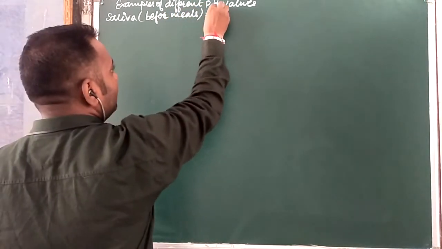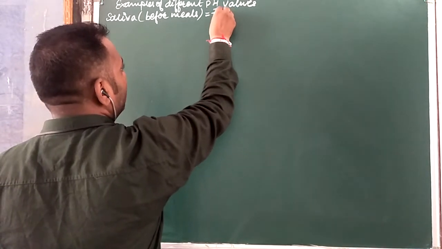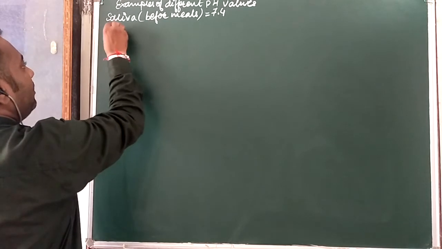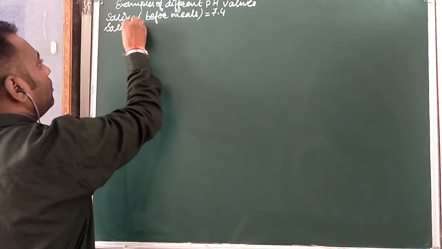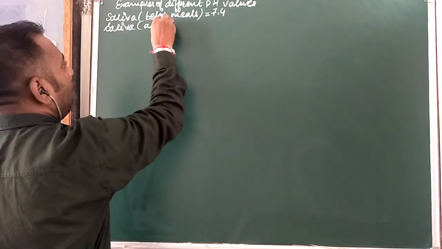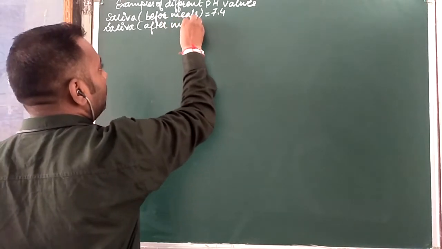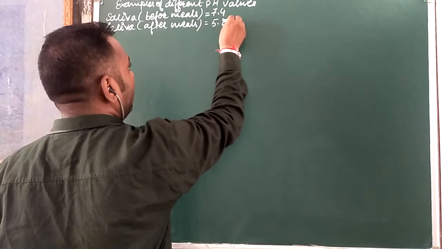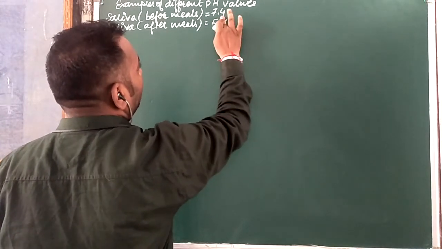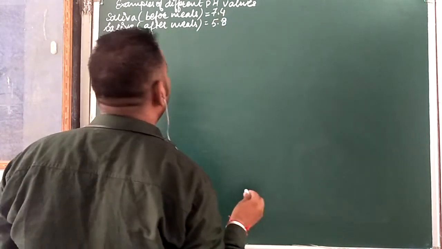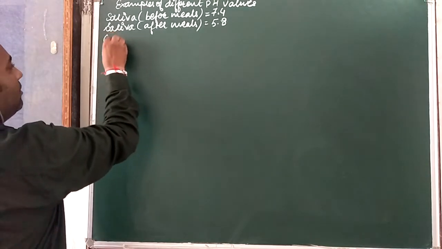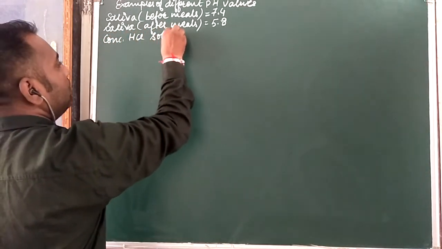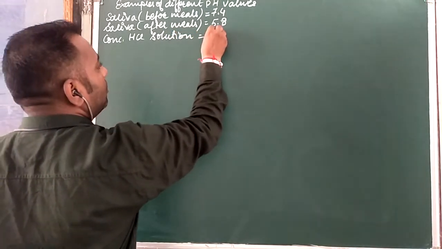Before meals, 7.4. This is the pH value of saliva before meals, and saliva after meals, 5.8. Right? Concentrated HCl solution, 0.